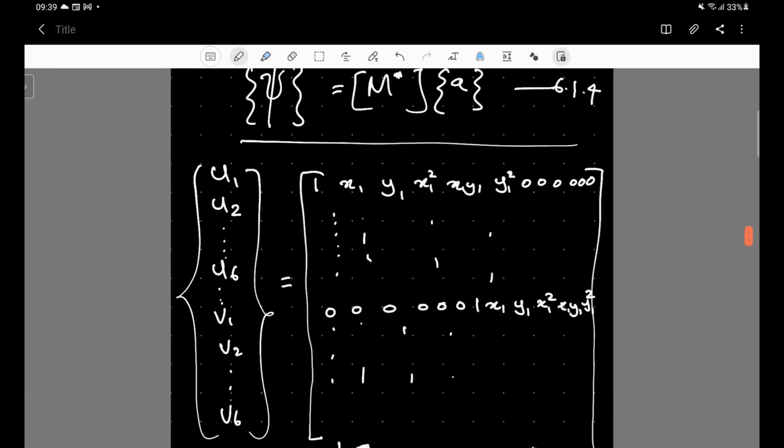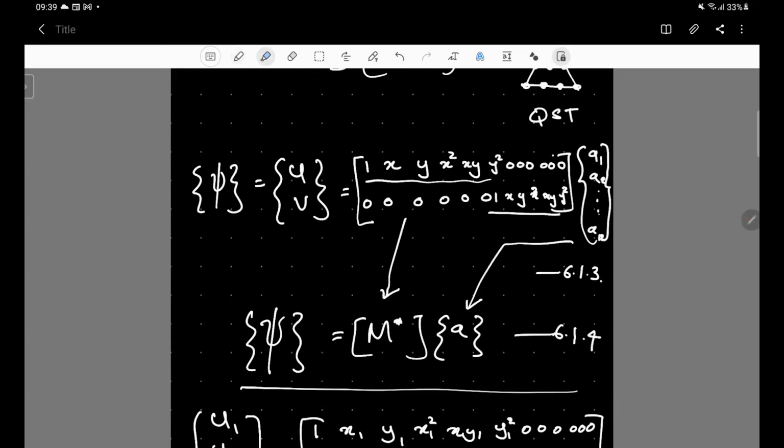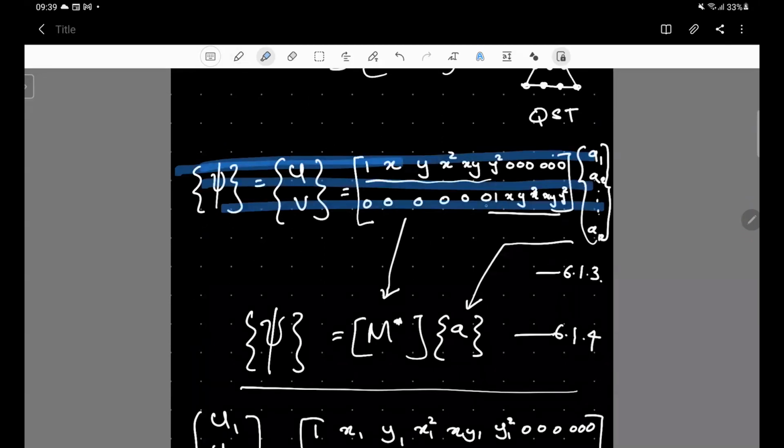if you consider this equation and do the derivation, what we're interested in is calculating the strains, and for this we have to obtain the derivative of u with respect to X and the derivative of v with respect to Y, and with the help of these functions you can obtain the derivatives.